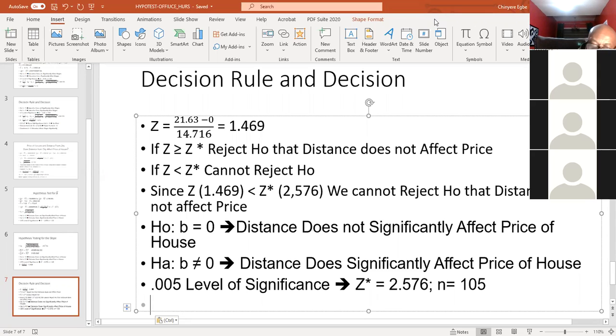Did you reject H0 or you did not? No, we cannot reject. Okay, you cannot reject the null hypothesis. So your conclusion is that distance does not affect price, because you were not able to reject that null hypothesis.